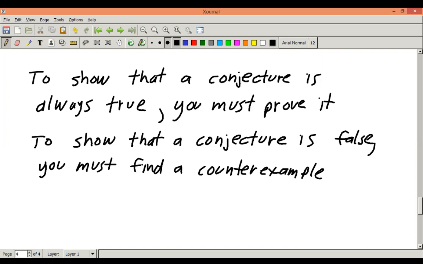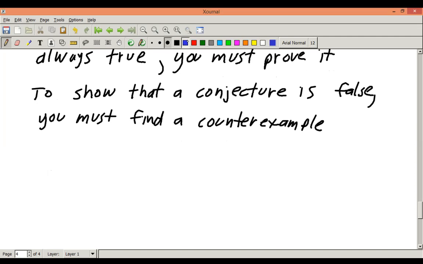So let me summarize the whole process of inductive reasoning, and then we'll do one more example. So here's what the whole process looks like for inductive reasoning. We also have deductive reasoning, which is actually more common than inductive.